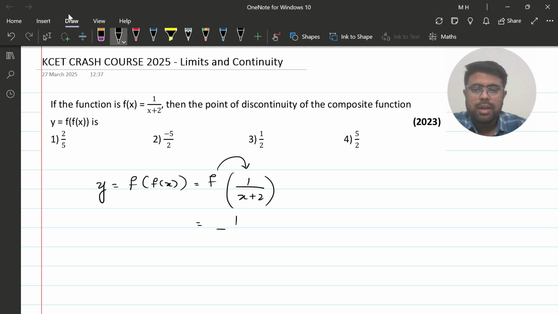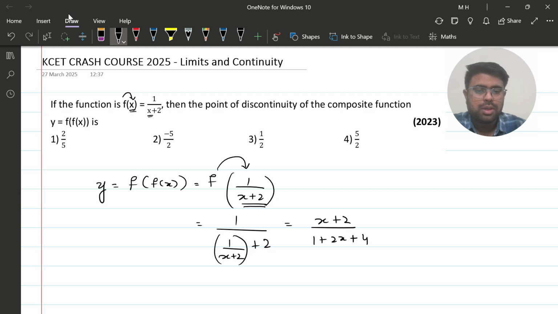It is 1 by something plus 2, right? What is that something? It is 1 by x plus 2. So if you take the LCM, it is going to be x plus 2 divided by 1 plus 2x plus 4, as 2 twos are 4. So it is going to be x plus 2 divided by 2x plus 5, right?